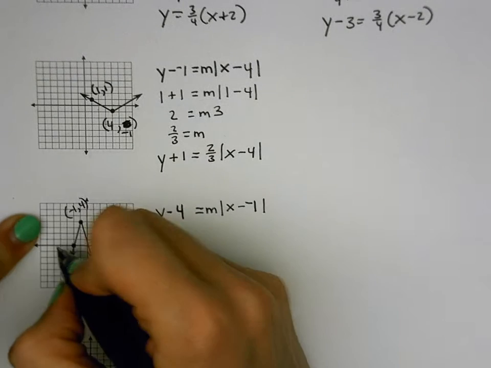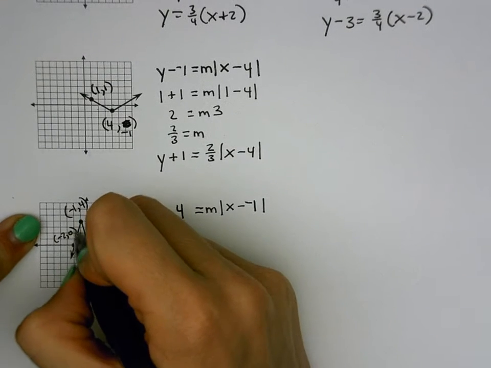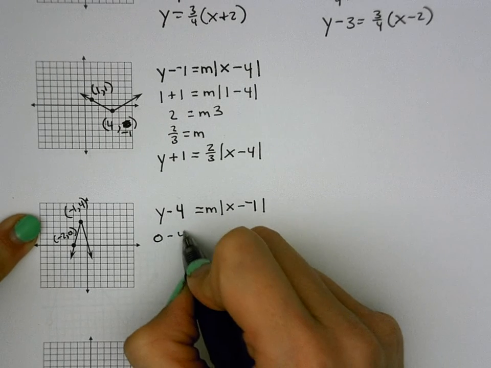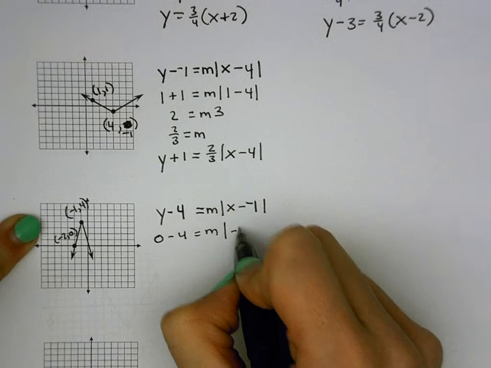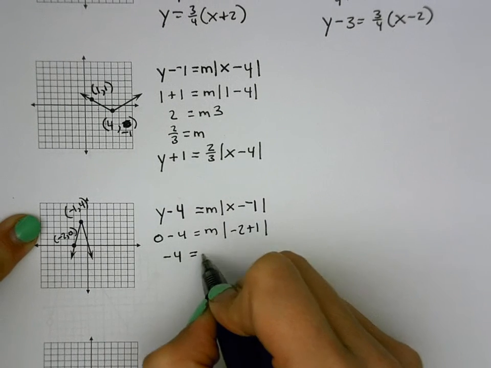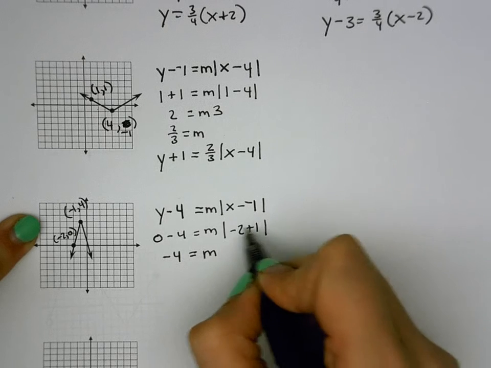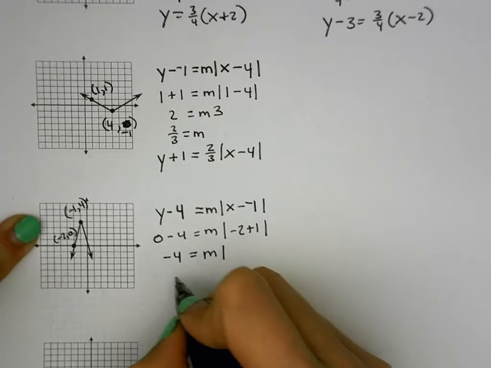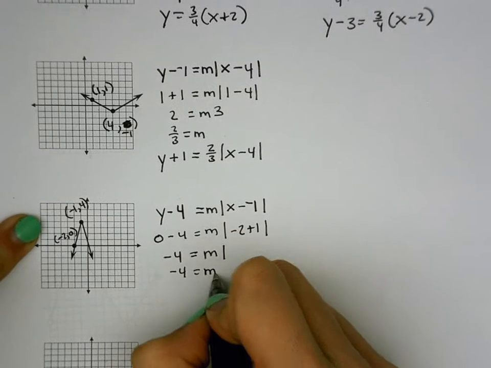Now I'm going to use my other point down here, (-2, 0), to solve for my m. So -2 and 0, plugging those in. We have 0 minus 4 is -4, and -2 plus 1 is -1, the absolute value of which is 1. And so my slope is -4.